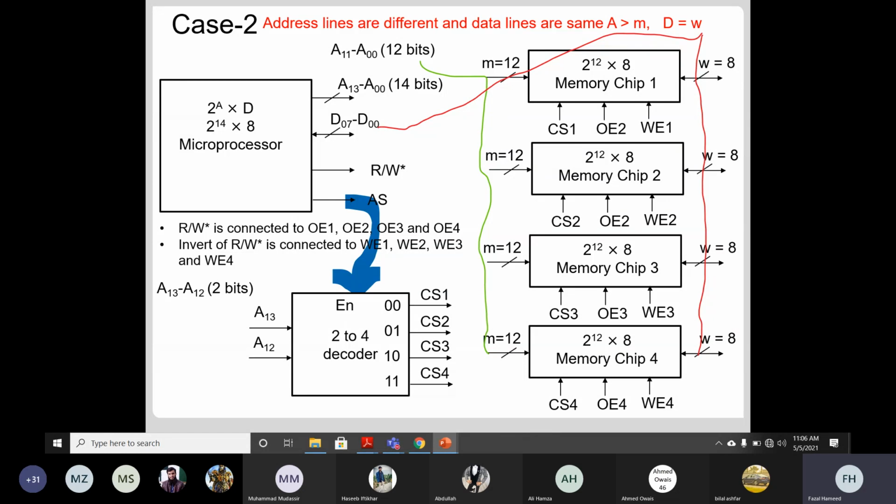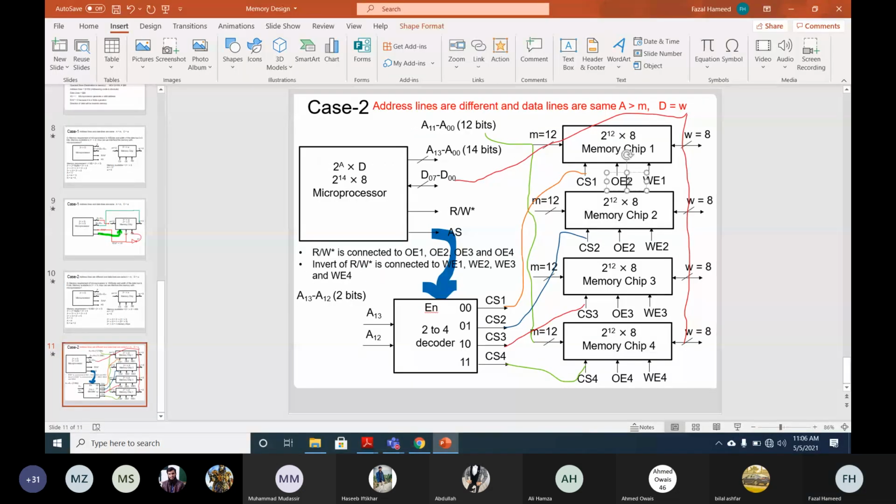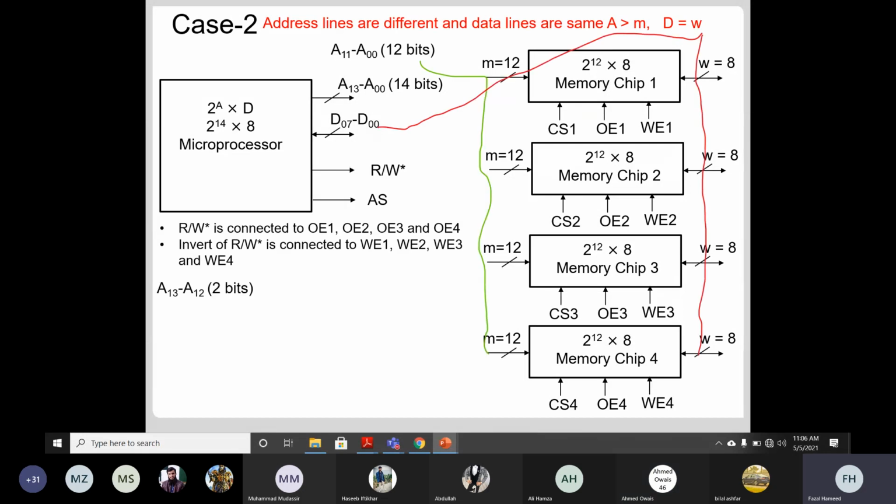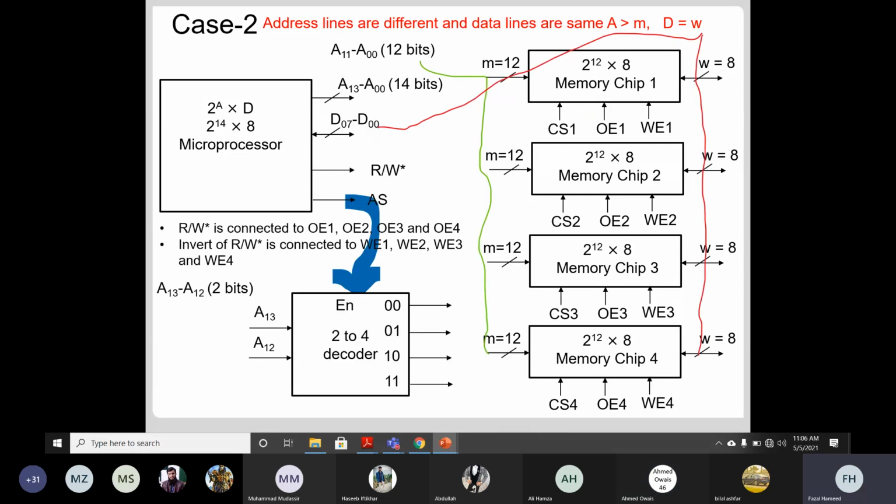What does WE1 stand for? Write enable 1. Write enable 1 of what? Chip 1. Okay. So the address strobe is connected to the decoder enable. CS1 is connected to here, CS2 is connected here, CS3 is connected here, and CS4 is connected here.